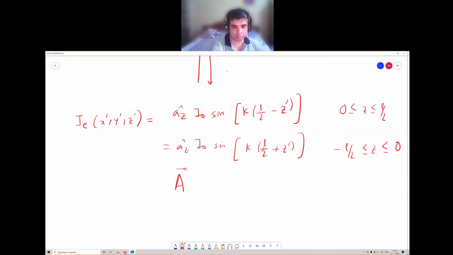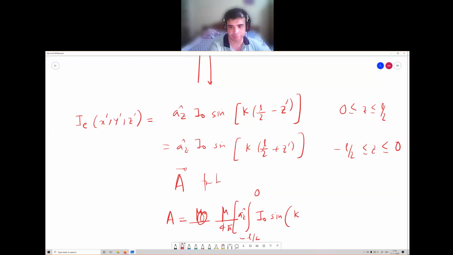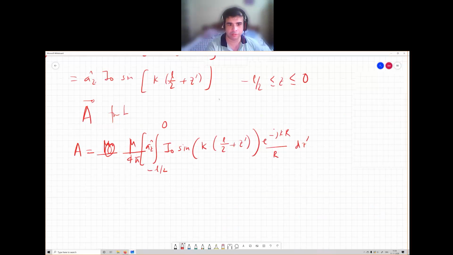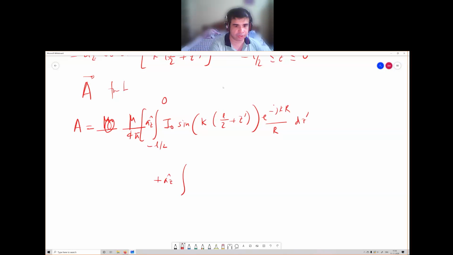So A is equal to mu naught by 4 pi, integral from minus L by 2 to 0 of I0 sin of k(L by 2 plus z') e to the power of minus jkr by r dz', plus the integral from 0 to L by 2 of I0 sin of k(L by 2 minus z') e to the power of minus jkr by r dz'.